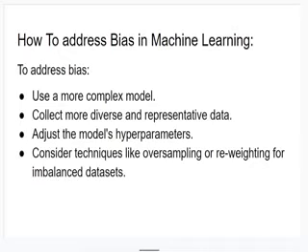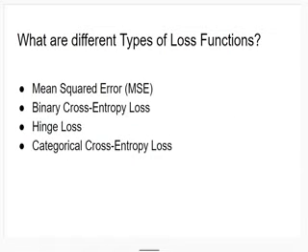Okay, now what are the different types of loss functions? As we already discussed, the loss or cost function or objective function is the discrepancy between our predicted results and the real results.